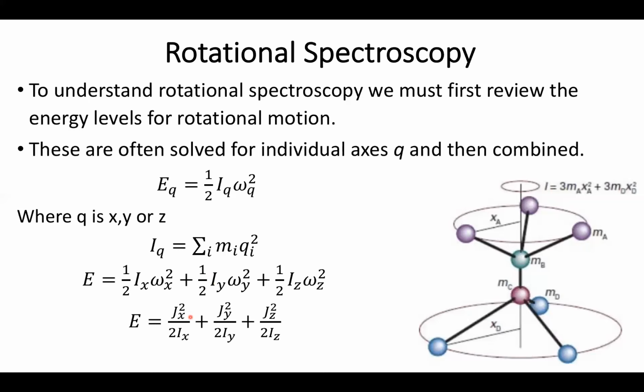So instead of using the rotational velocities, we're going to use the angular momentum, which again, as a reminder, can simply be given by the rotational velocity times the moment of inertia. So with some rearrangement, we get our old friend. The energy is equal to the angular momenta squared over twice the moment of inertia.